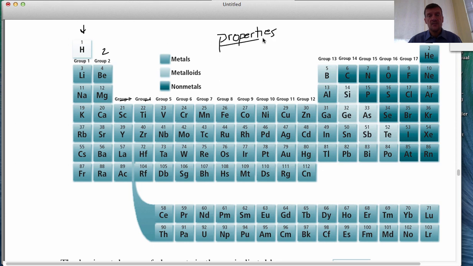Those properties are all the result of how the electrons behave, so these are intertwined. The table is arranged in a specific way because of the properties of the elements, and those properties are a result of how the electrons are arranged and behave in each of the atoms of those elements.